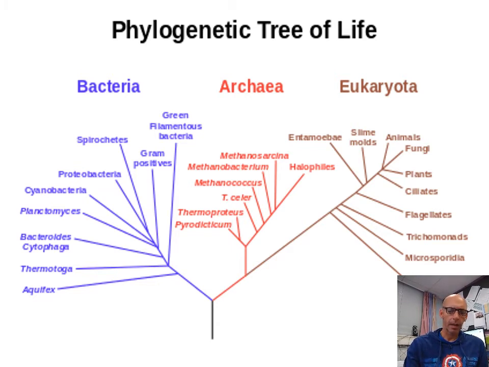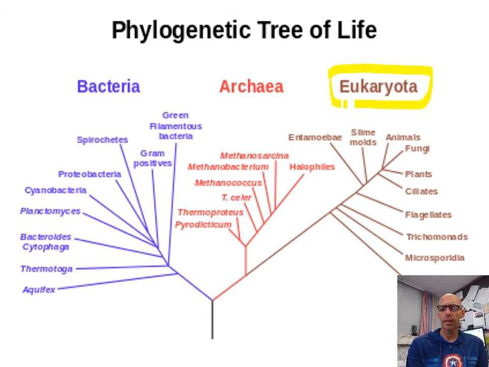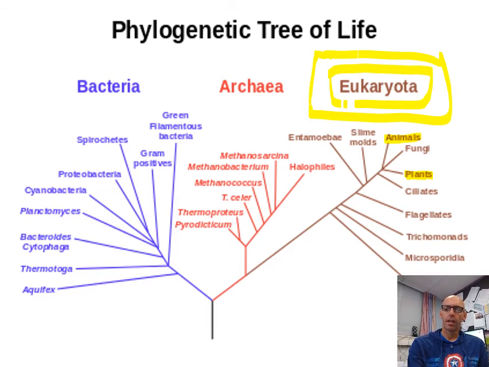So in terms of that, here are the 3 domains they proposed. There are eukaryotes, and in Linnaeus's time, he'd had everything in plants and animals. And then when we went to different kingdoms, we had bacteria as a kingdom, etc. But these are the animals with a nucleus. That's what they have inside their cells.